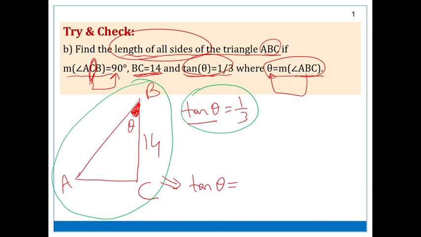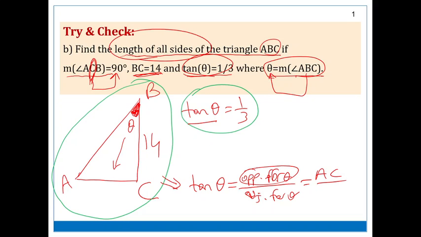So tangent theta is the opposite side for theta over the adjacent side for theta. What is the opposite side for theta? This will be AC, divided by the adjacent side, which is BC, so it's 14. Now AC we don't know.